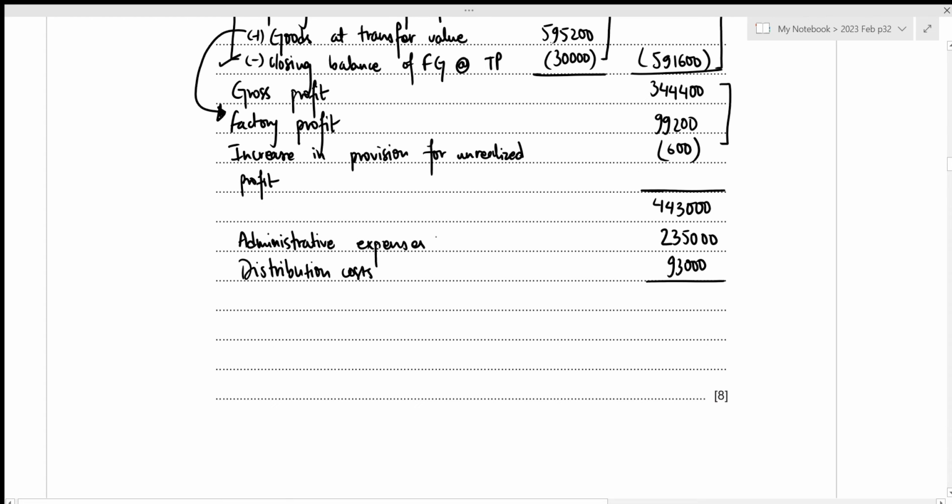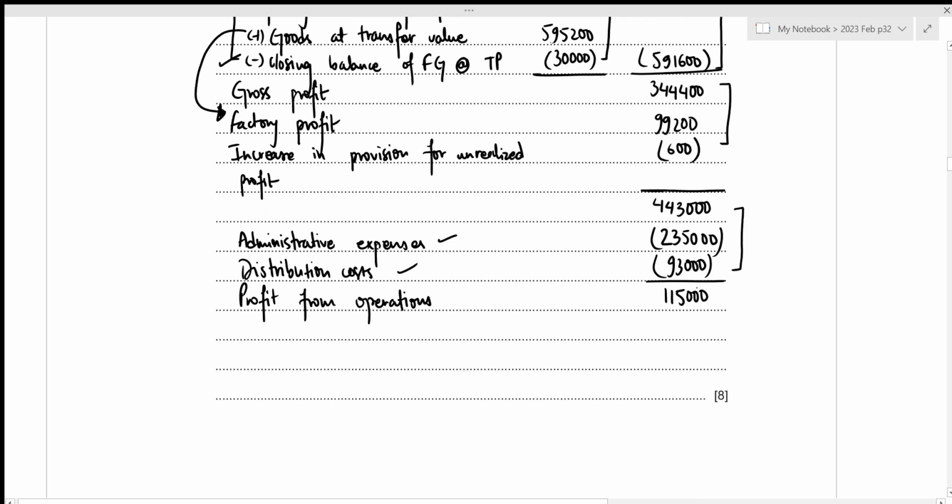But remember that administrative expenses and distribution costs are the overheads, which need to be subtracted. Now, if we are to add these three amounts, we will be getting our profit from operations. That's 443,000 minus 235,000 minus 93,000, which results in 115,000.